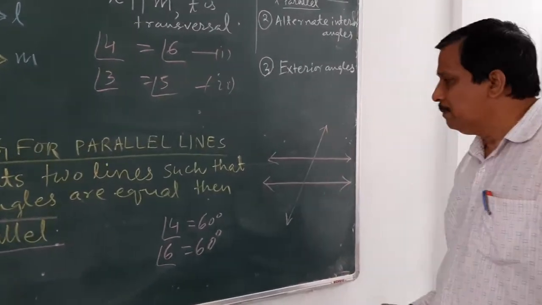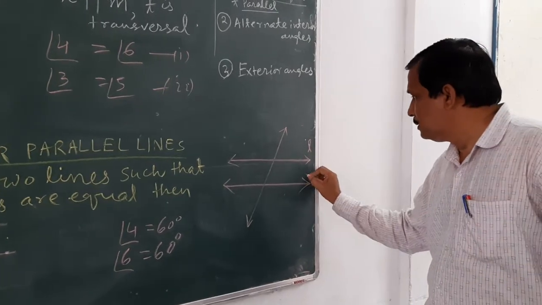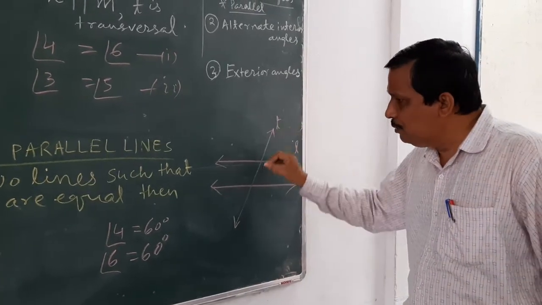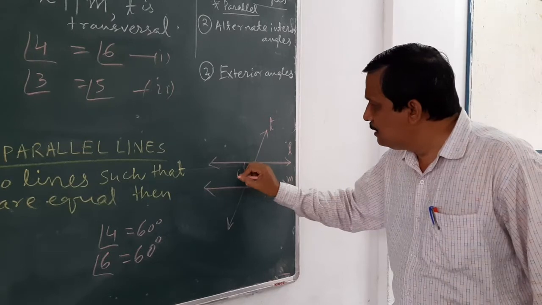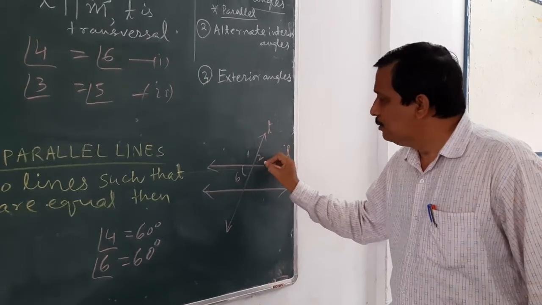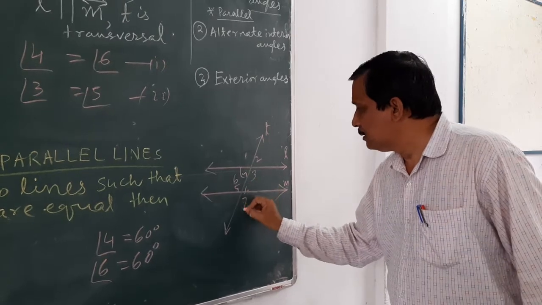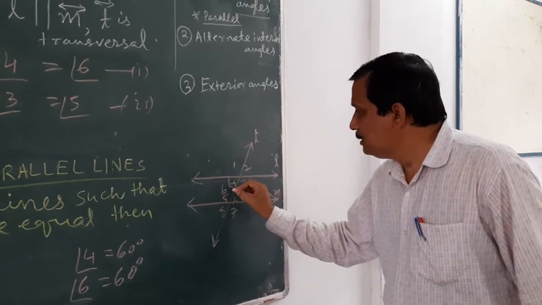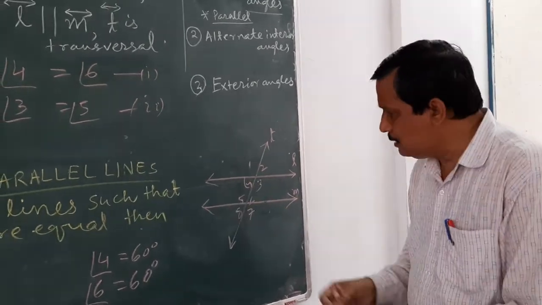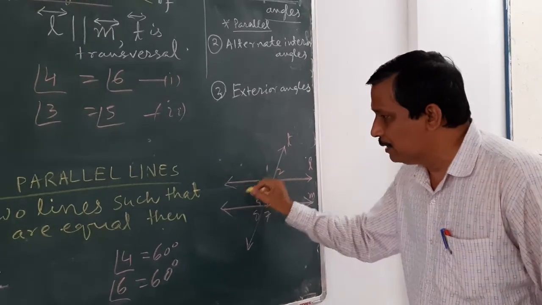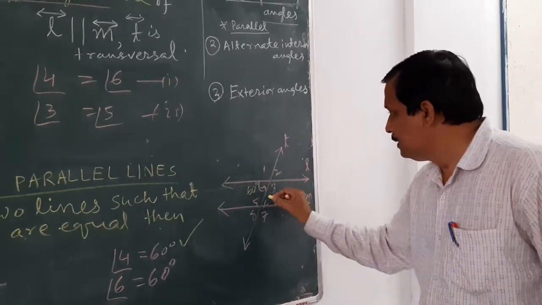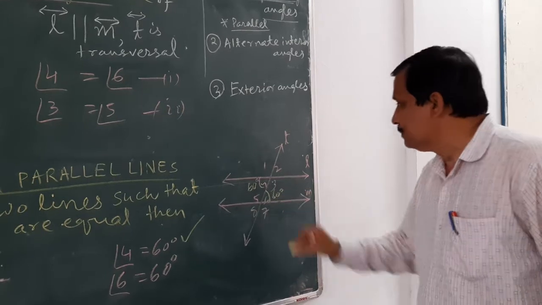Suppose only you know that this is 60 degrees. Suppose 1, 2, 3, 4, then 5, 6, 7, 8. Angle 4 is 60 degrees. This is given. Then 6 is also 60 degrees.